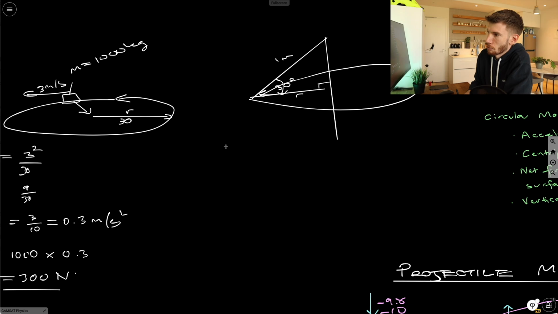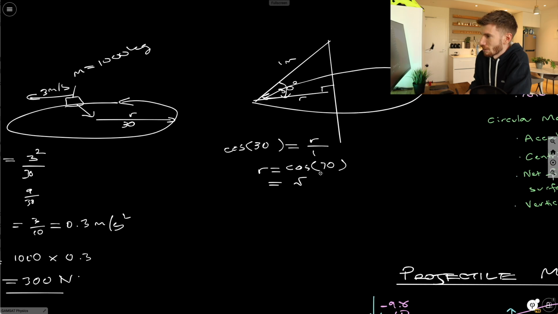So cosine of 30 degrees is equal to r on 1, so r is equal to 1 times cosine 30. They'd probably give you the value of cosine 30 in the question. I know from my VCE stuff that we do a lot of exact answers.